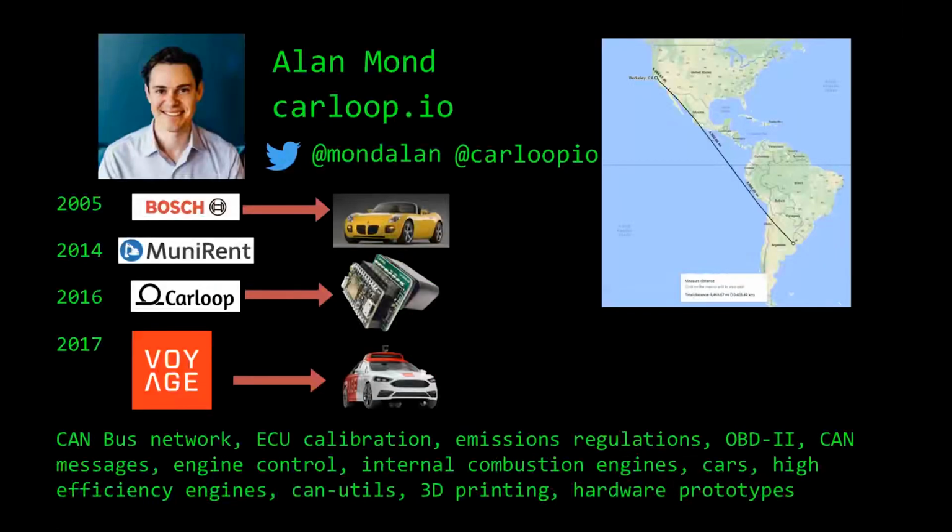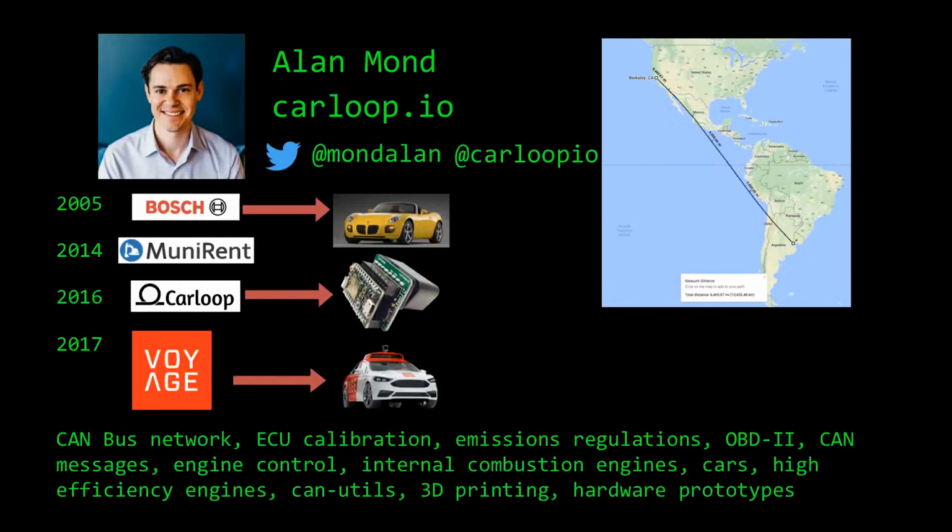So a little bit of background: I'm originally from Argentina. And I worked at Bosch for a number of years on the Pontiac Solstice, doing engine calibration and a lot of work internally on how the vehicle communicates between the different modules. I then started a small equipment sharing company called MuniRent.